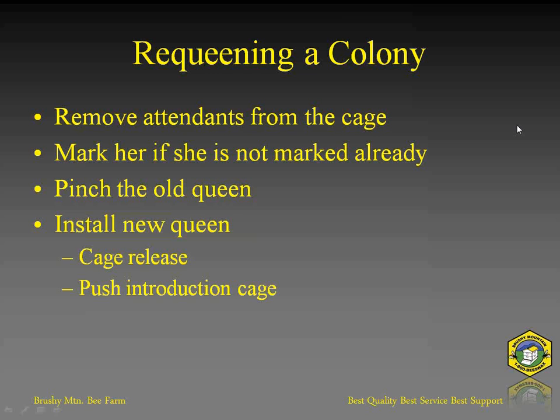So you want it to drip out of the cage, so you install it candy end down only if you've removed the attendants. If you are installing a queen cage with attendants, always put candy end up. Okay? Attendants in the cage, candy end up. No attendants in the cage, candy end down.